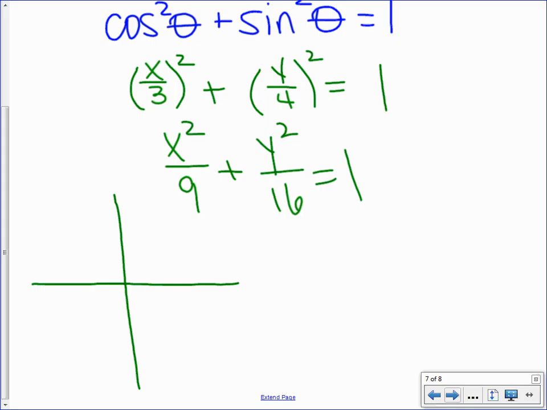Maddie, what is our A value? 4. So we're going to go 1, 2, 3, 4. B value. What is it, Sarah? It is 3.